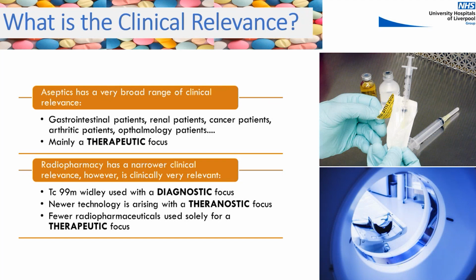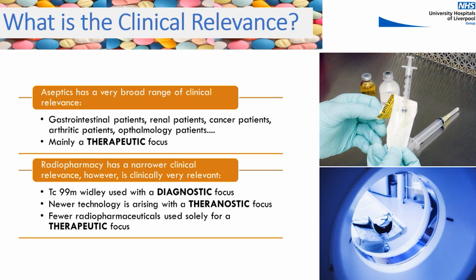And then you have radiopharmacy as the other main quadrant. So you have radio with a very relevant diagnostic focus. So at Liverpool, we have a major focus on the production of technetium-99, which is a radioisotope, and it's the daughter of molybdenum. Which essentially can be administered and can diagnose a range of different clinical conditions.